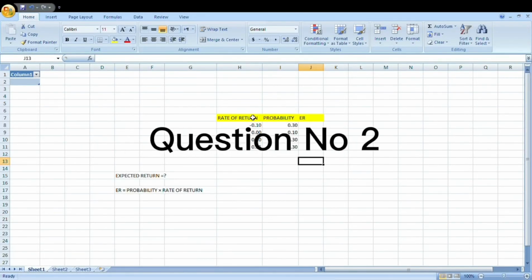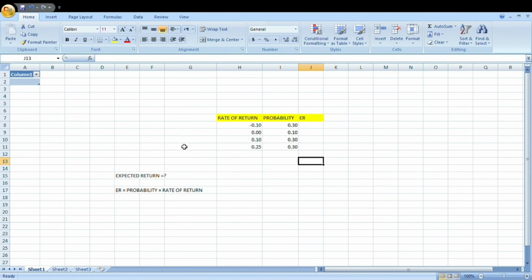So there is question number 2, in which we have to find the expected rate of return. We have probability and rate of return given in this question. Probability actually means the chance of occurrence of an event.